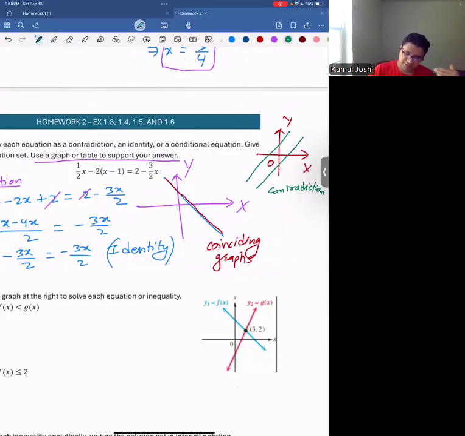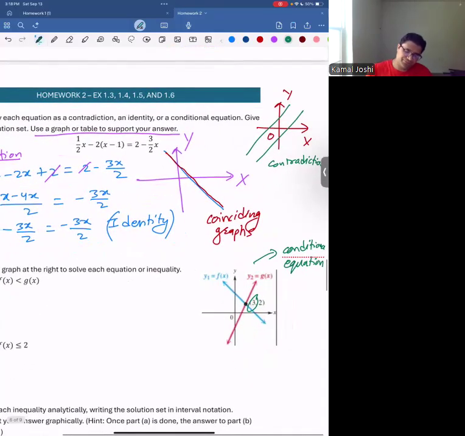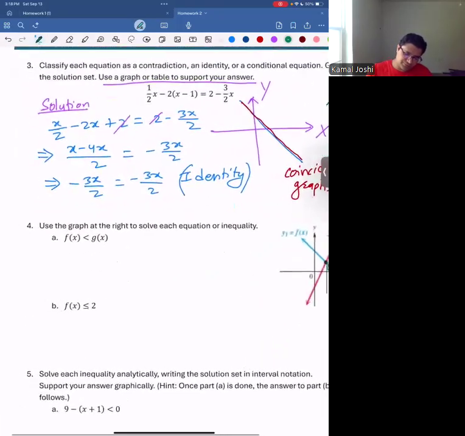Contradiction, okay. And what you have here below, this is another question, but that's the graph of a conditional equation. Conditional. So for a particular condition, when x is 3, they intersect. They are equal when x equals 3. That is the condition, right? Conditional equation. Okay. All right.